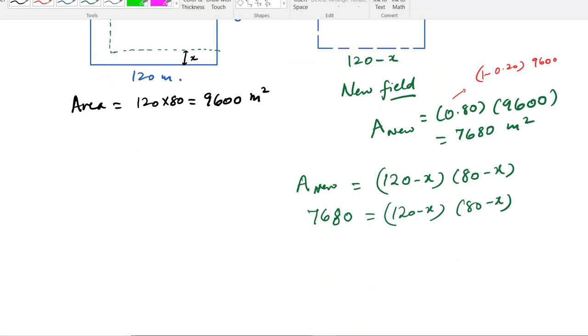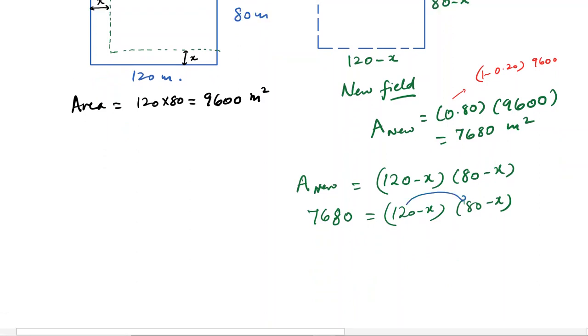Take the first term of the first bracket, multiply it with 80, so we get 9,600 minus 120x minus 80x plus x squared.